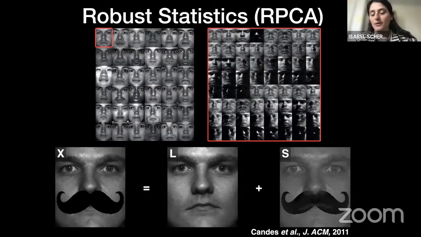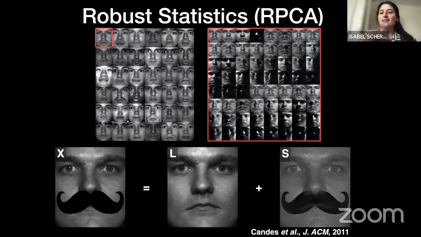This is one of the examples that's presented: eyes, nose, and mouth, all of the faces in the data set have that. What they want to do is identify this sparse noise from this low rank structure. The low rank structure is the flow field, and this disguise is our sparse noise.